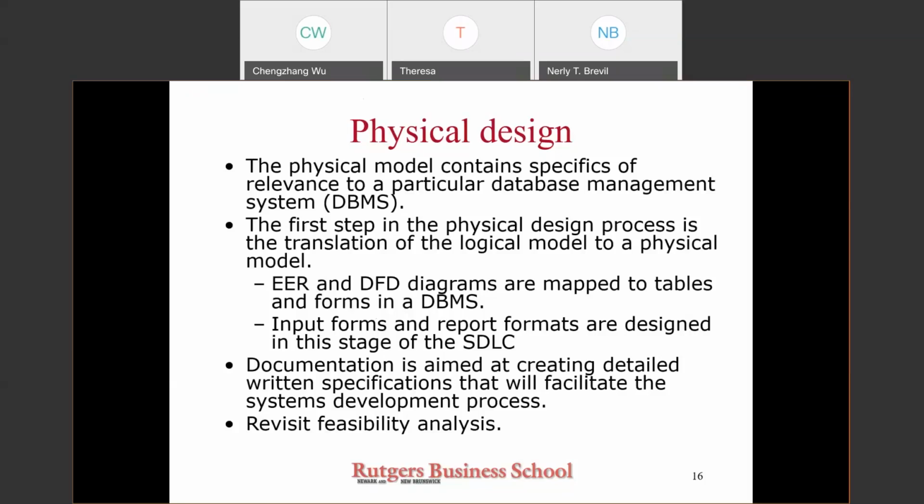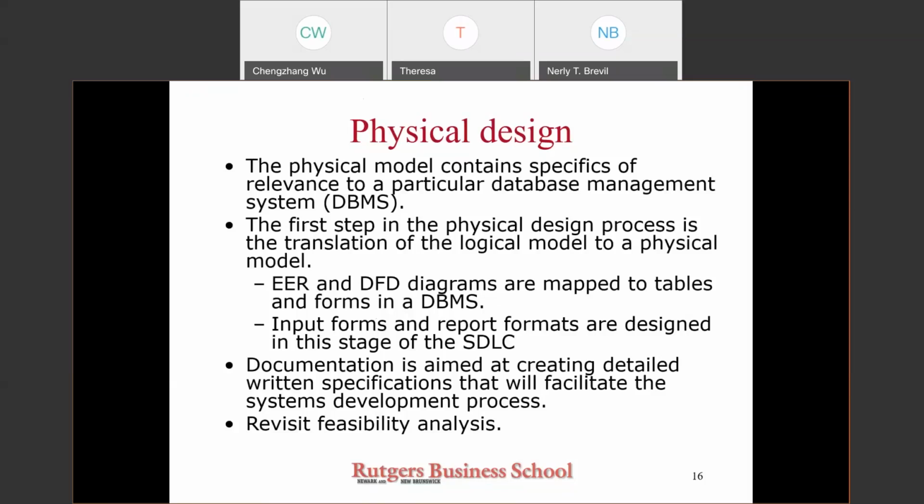At each step in the system design process, and in fact throughout the SDLC, which means System Development Lifecycle process, it is critical to document what was found and what was done.